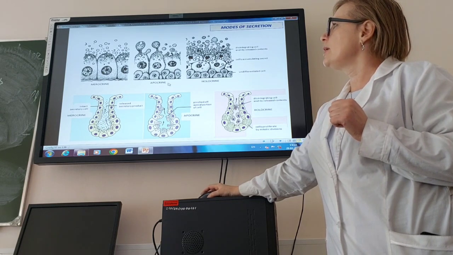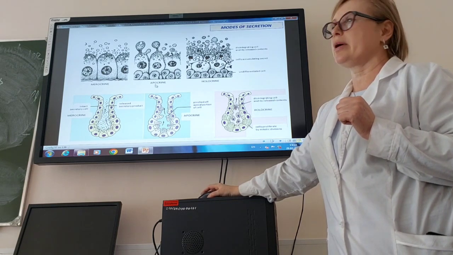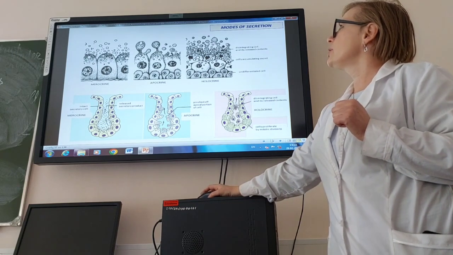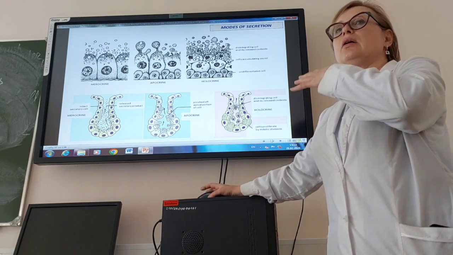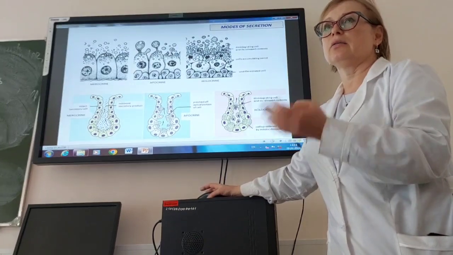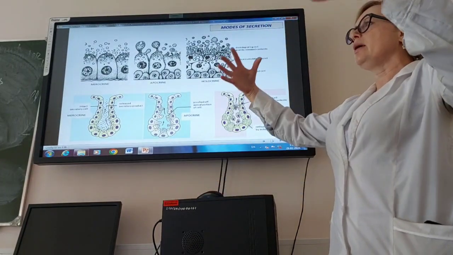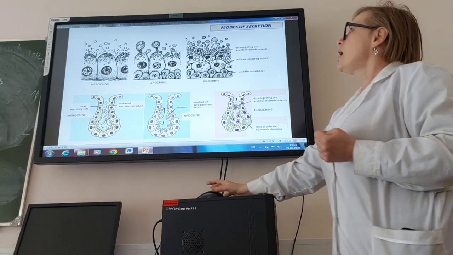Such a type of releasing we name apocrine. And holocrine type secretion is when the cell dies, and after that releases all accumulated granules.